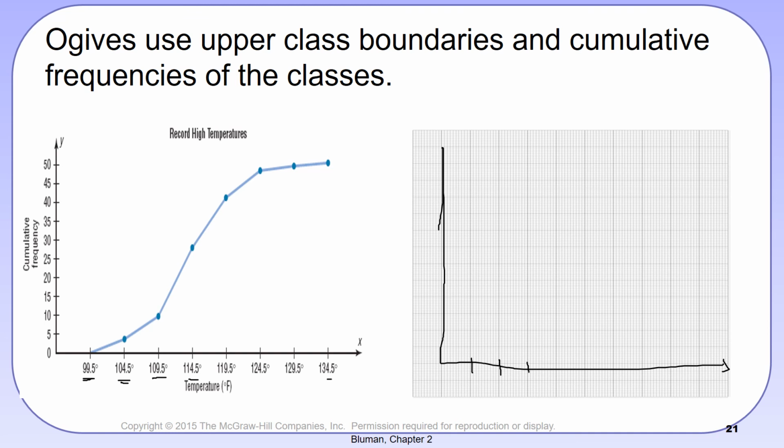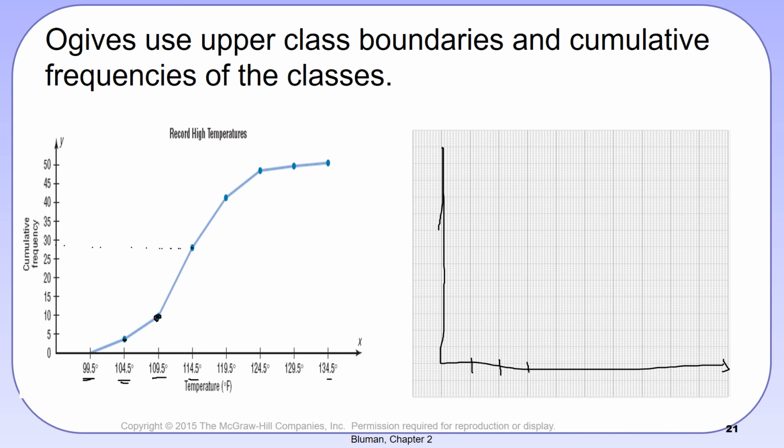Now, the upper limit is 104, so its frequency is 2. The next cumulative frequency is 2 plus 8, which is 10. It will be at 109.5, and then at 114.5 the next cumulative frequency will become 28. So here is 28.